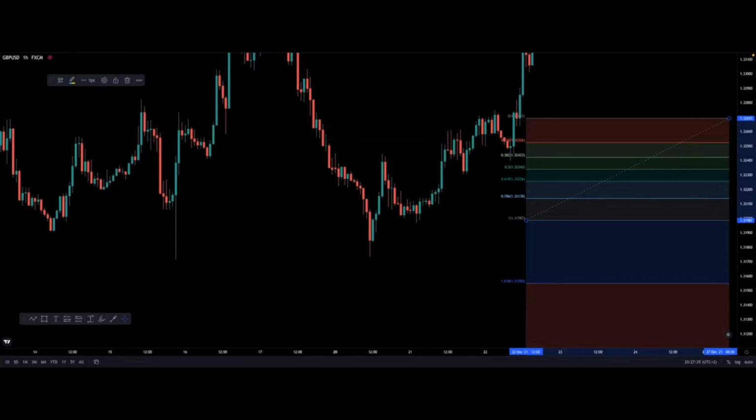So we'll have a look at this here on pound dollar, the hourly chart. Now here we've got the uptrend. If we use the fib retracement tool while we are bullish, we plot that from swing low to swing high, which means it starts here. That's where you start your fib retracement tool and you bring it up to there.